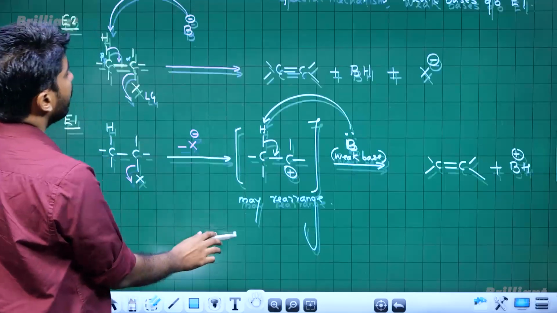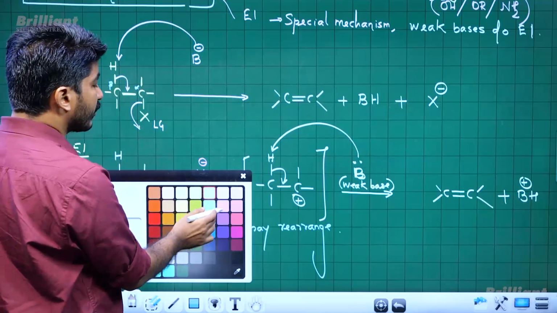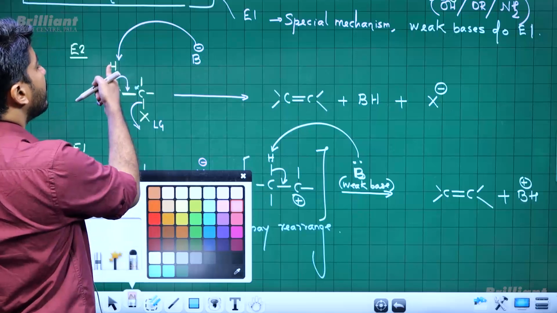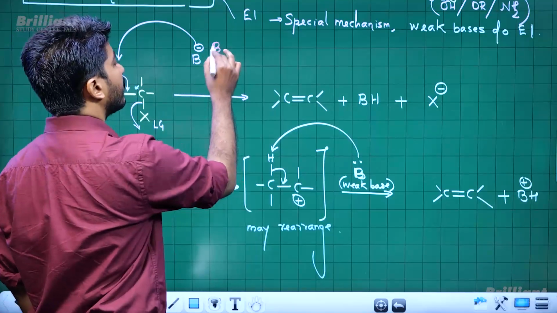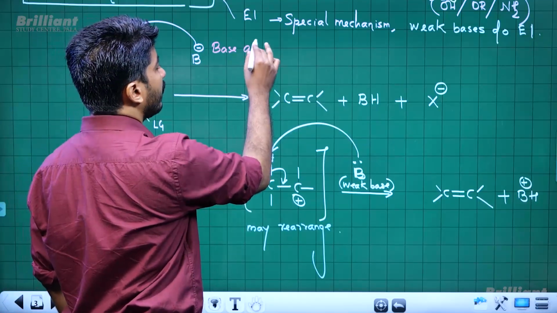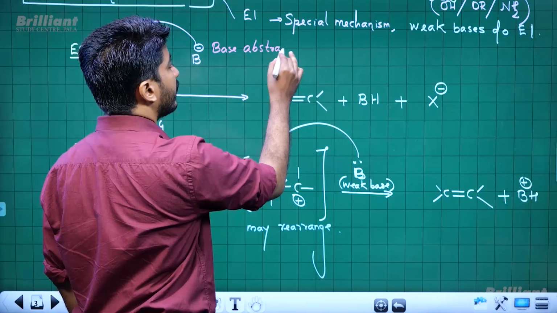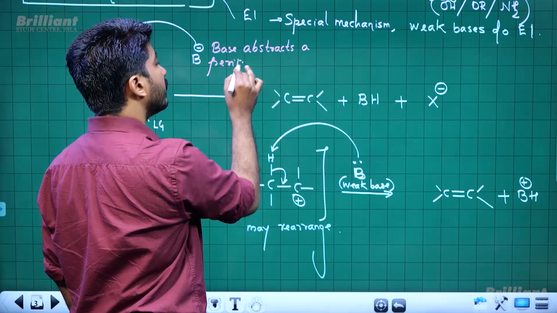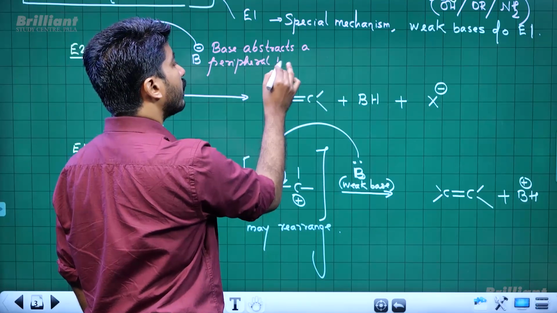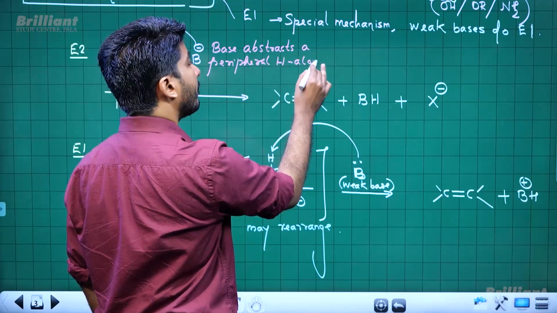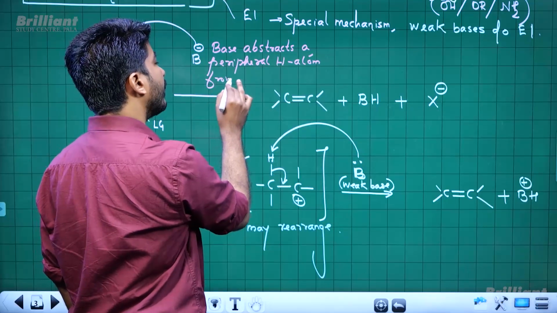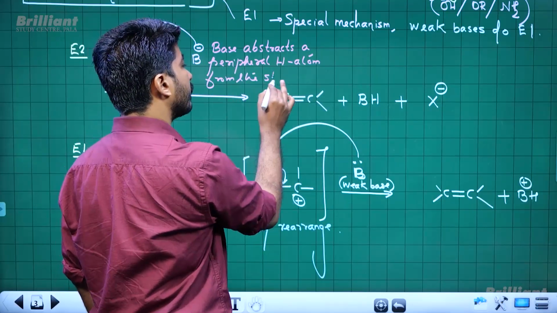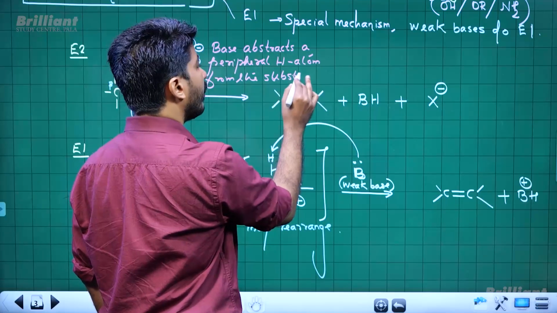And here you can see that in elimination reactions, the base abstracts or takes a peripheral hydrogen from the substrate, from the haloalkane, let's say.